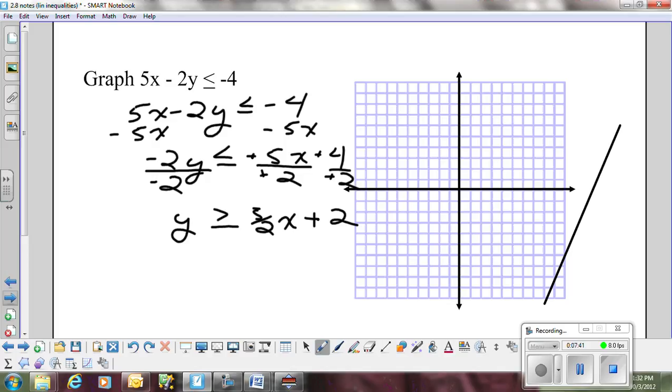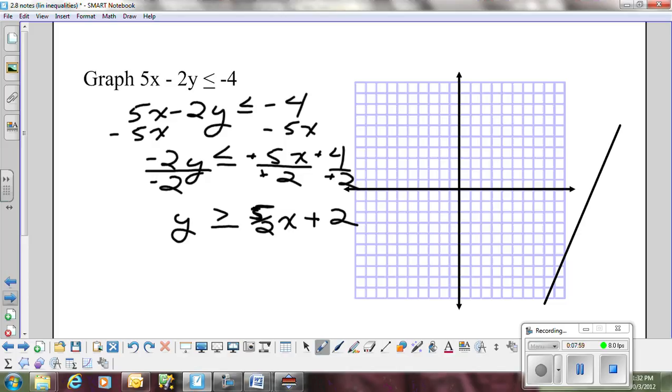I thought you couldn't divide if it doesn't have a variable. Okay, what you're thinking of is right here. I took -4 minus 5x.